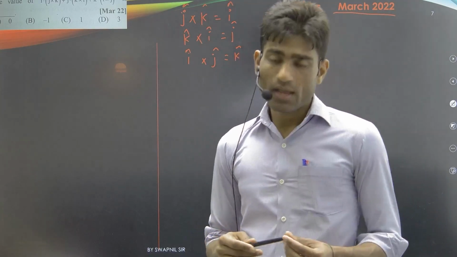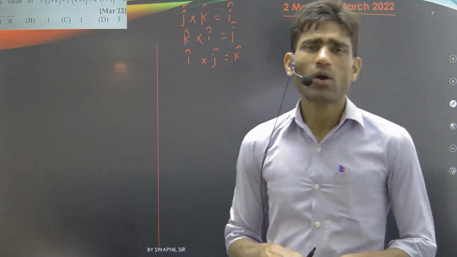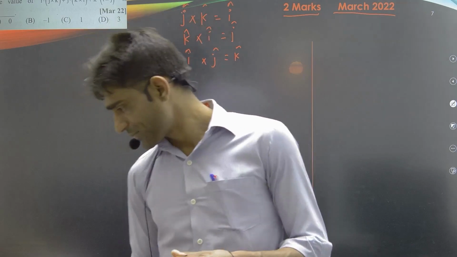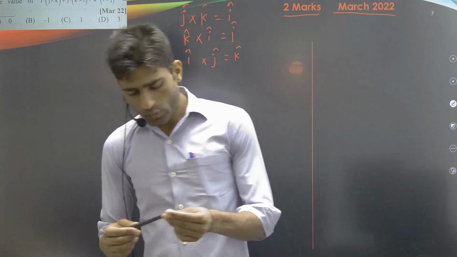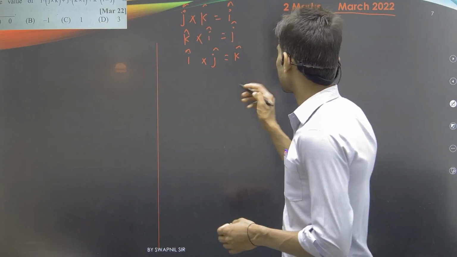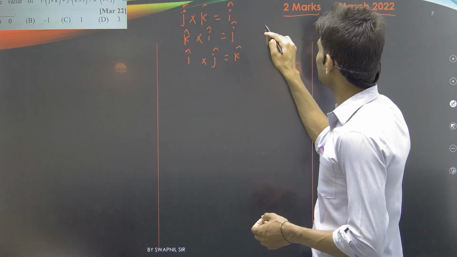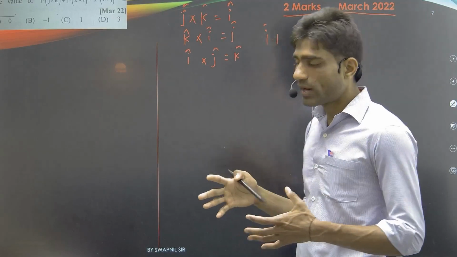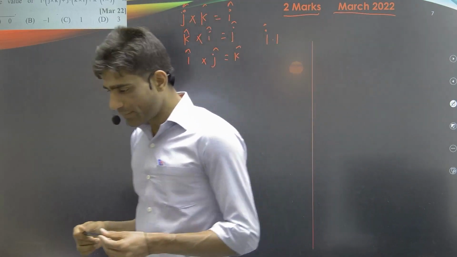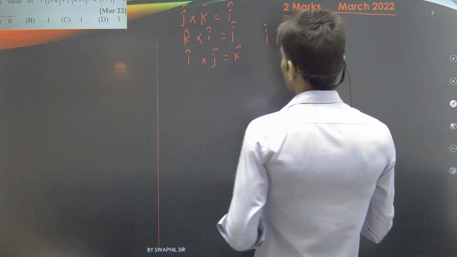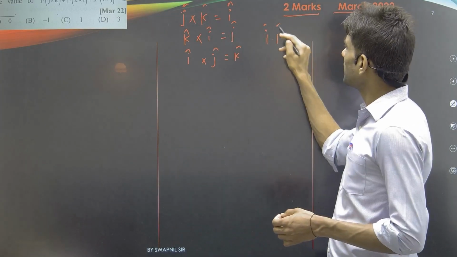One more result here: whenever we have i cap dot i cap together, we write the value as 1. Not a cross, because we are taking the dot product between i and i.